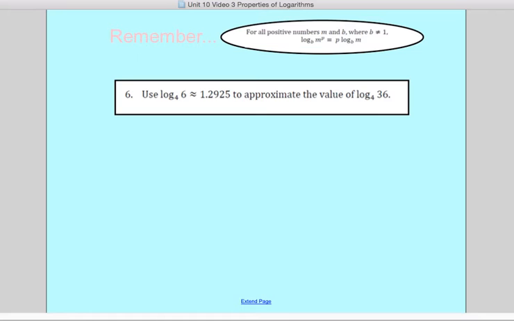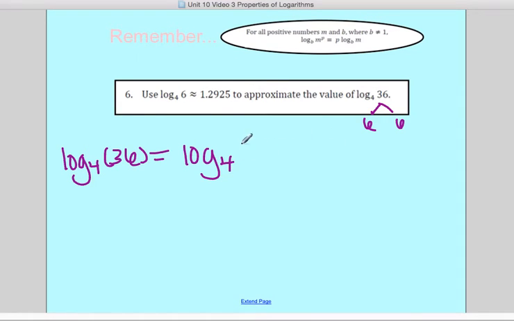Okay, so let's use that idea for this one. This one says, use the value of log base 4 of 6 to approximate the value of log base 4 of 36. So what I would do is, I know I have 6, so how can I rewrite 36? Well, it's really 6 times 6. So I'm going to rewrite it as log base 4 of 36 is equal to log base 4 of 6 times 6. That's really just 6 squared.